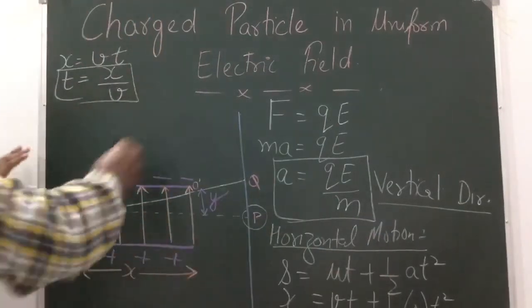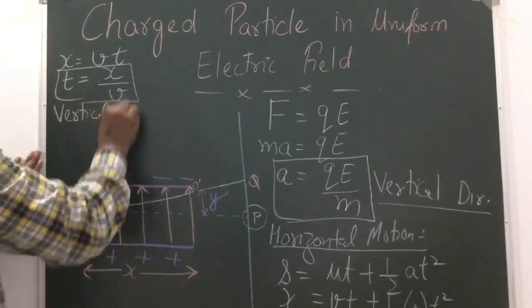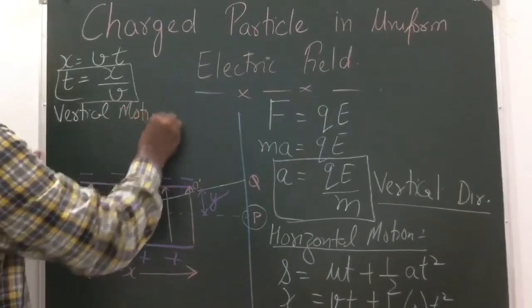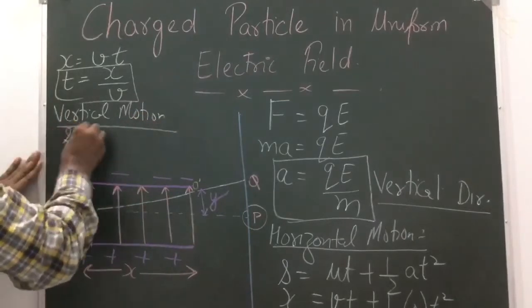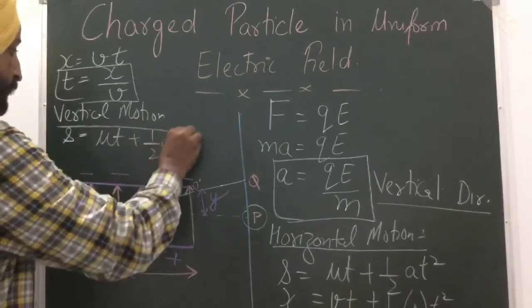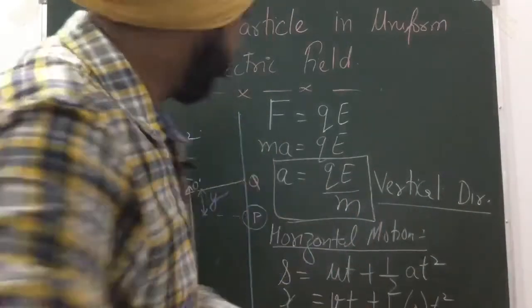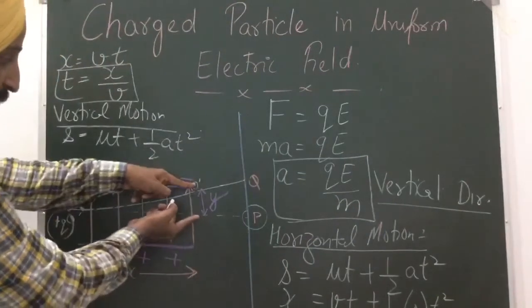Similarly, if we apply it on vertical motion, what are we going to get? Same formula, S is equal to ut plus half at square. So in vertical direction, what is the displacement? In vertical direction, this is the displacement.